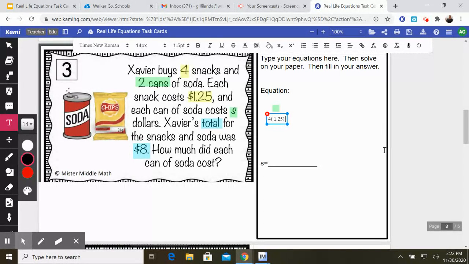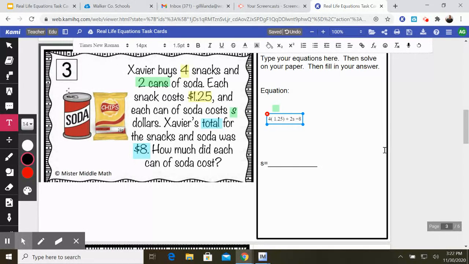We know he bought 2 cans of soda, but we don't know how much they were. So we're going to do plus 2S, because we know he bought 2 cans. We just don't know how much they were. And we know his total was $8. So I'm going to write that on my paper over here, and then we'll go to our paper.